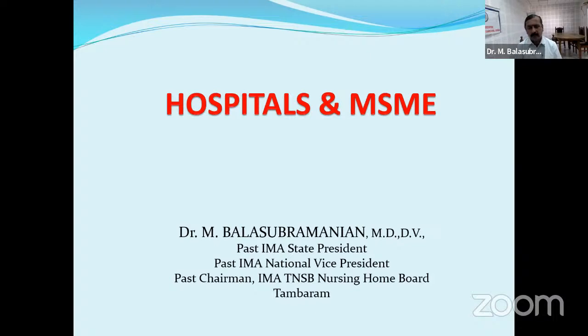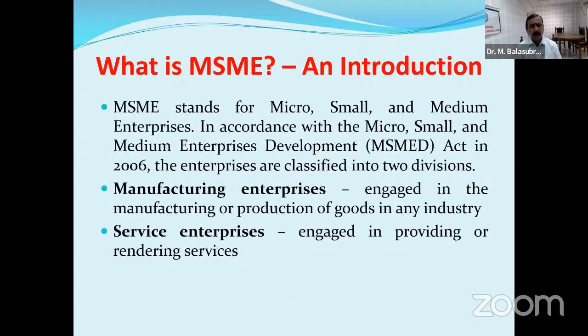Can I have the next slide, please? What is MSME? MSME stands for Micro, Small and Medium Enterprises. In accordance with the Micro, Small and Medium Enterprises Development Act in 2006, the enterprises are classified into two divisions.